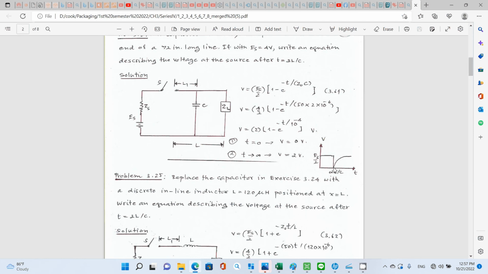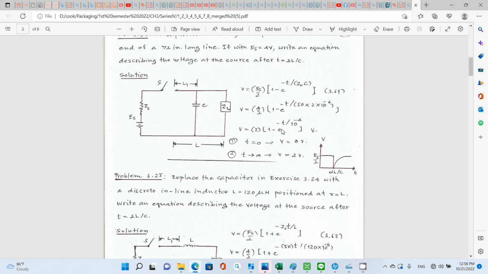So the voltage of the capacitor becomes 0 at T equal to L over C. For the time being, the capacitor starts charging, and finally as T goes to infinity, it's going to reach the final voltage, which is ES over 2.